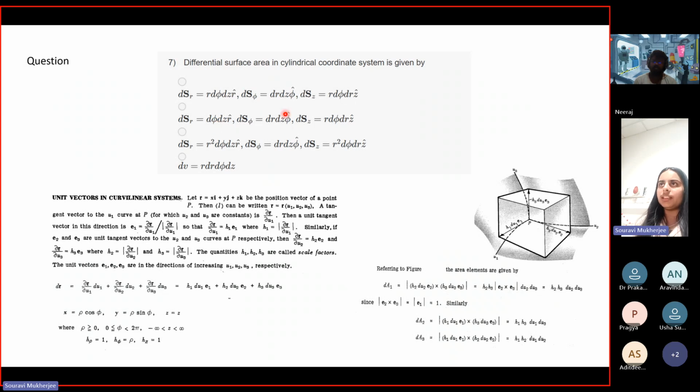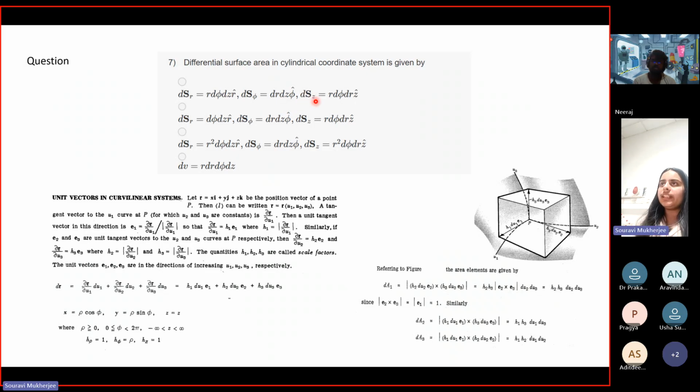So then you have to look for the other one, like ds phi. What is ds phi expected to be? H1, which is 1, H3, which is 1, du1 is dr, du3 is dz. So basically this.